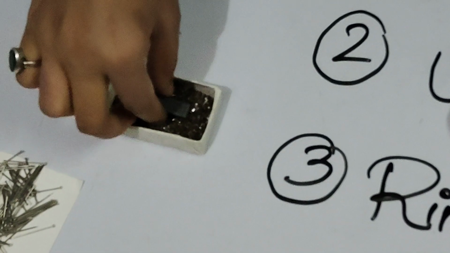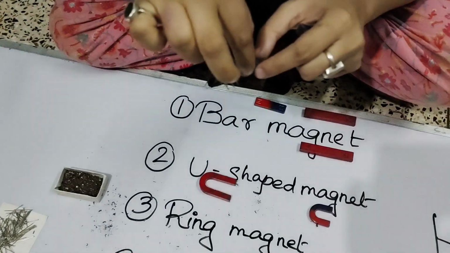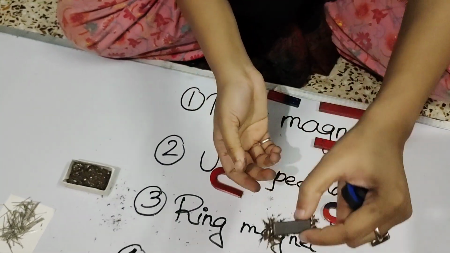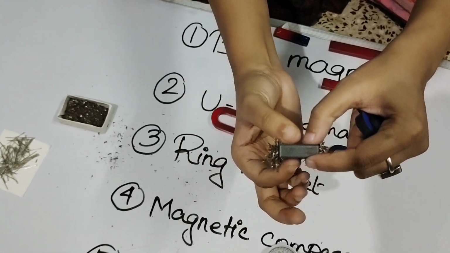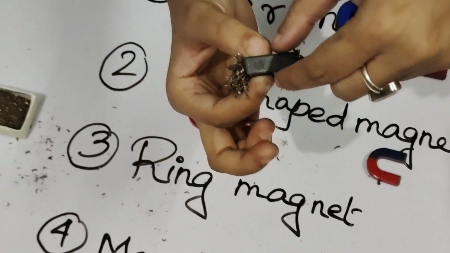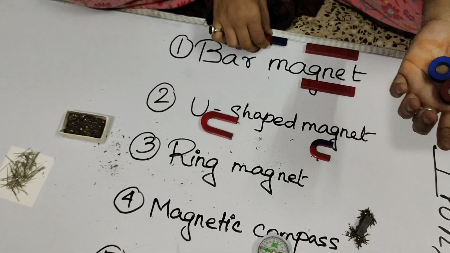Okay, let's see. This is the condition. You can check that only two sides of the magnet have iron pieces, but not the middle. Acha.